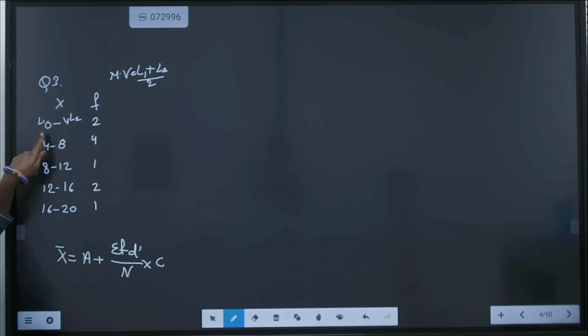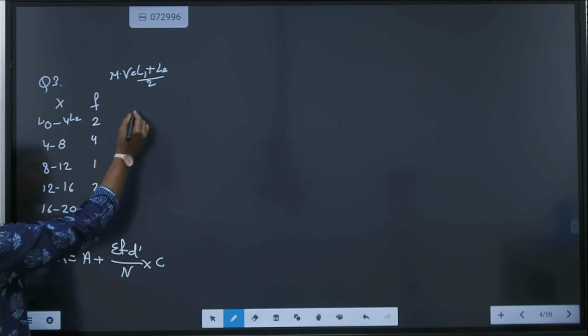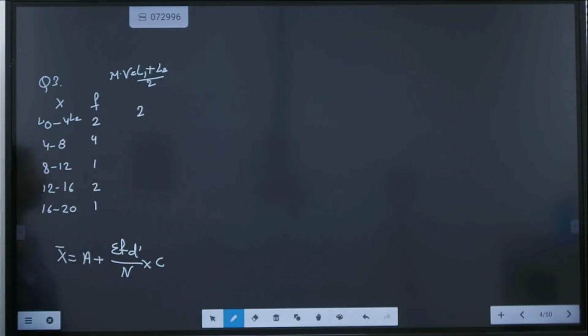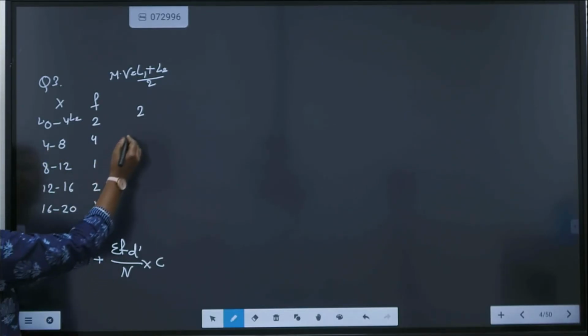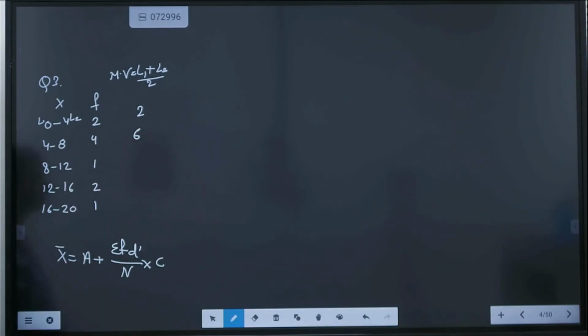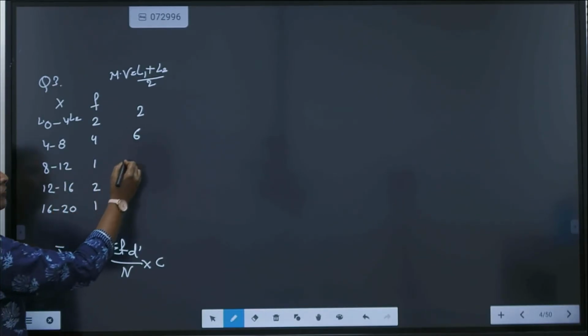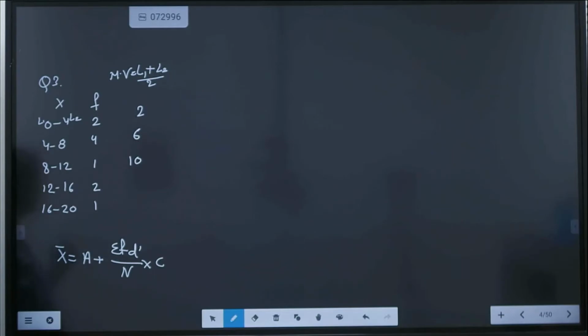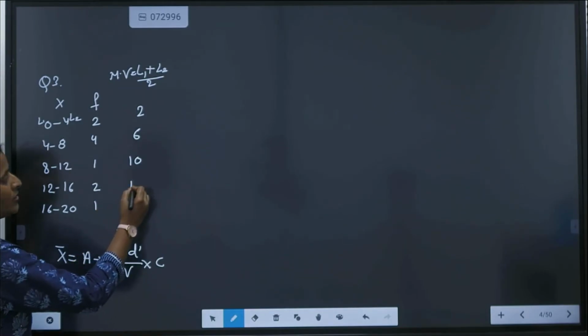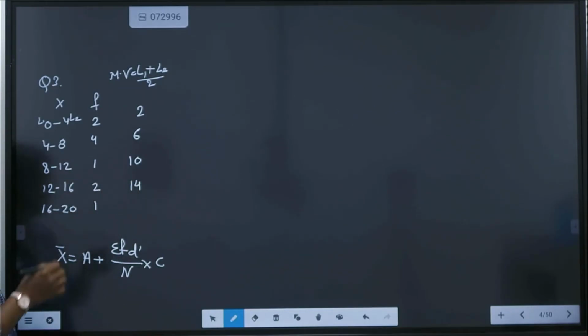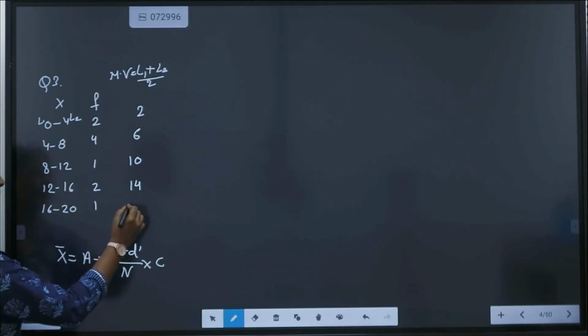So 0 plus 4 upon 2, 4 upon 2 equals to 2. 4 plus 8 upon 2, 12 upon 2, so it's 6. 8 plus 12 upon 2, 20 upon 2, 10. 12 plus 16 upon 2, 28 upon 2, 14. 16 plus 20 upon 2, 36 upon 2, it's 18.